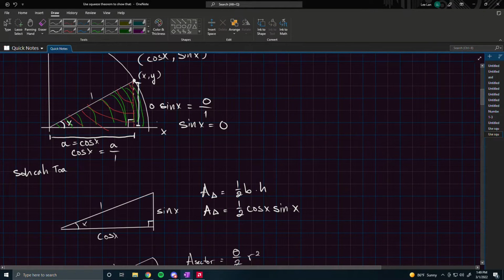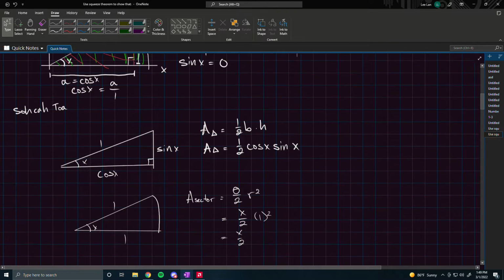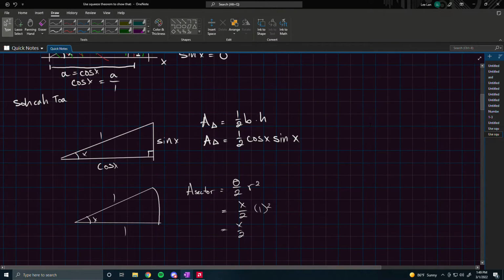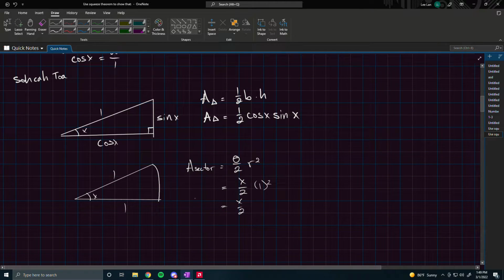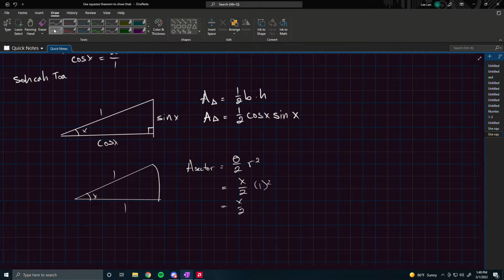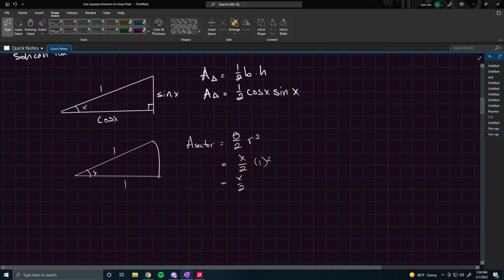So the green area contains the red area, which means the green area has to be larger than the red area. So the sector has to be greater than the triangle. We can say the area of the sector is greater than the area of the triangle, and we just plug in: x over 2 is greater than 1/2 cosine x sine x.